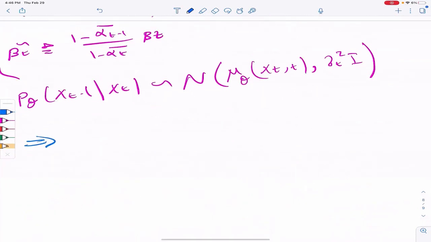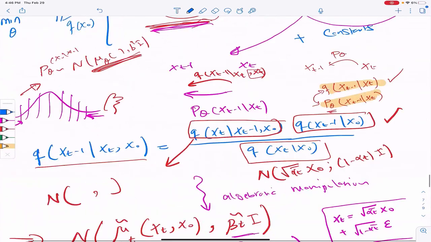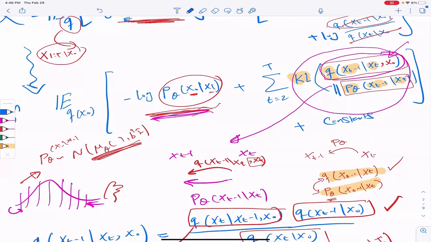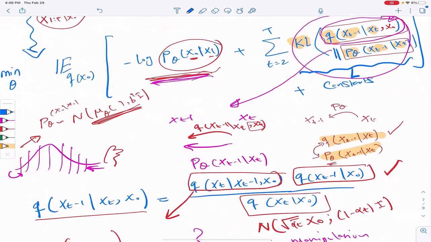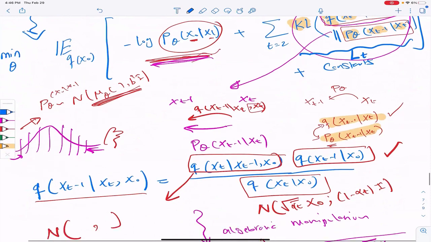If I just look at one of the terms here, I call it, let's say, L t, the loss function at time t.